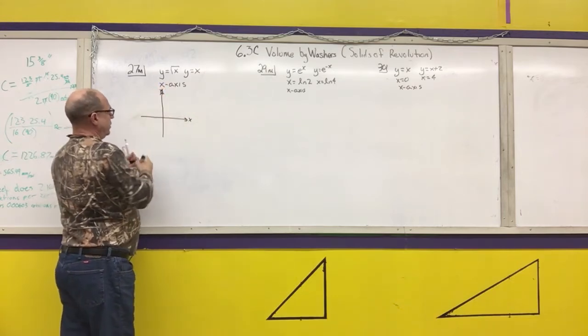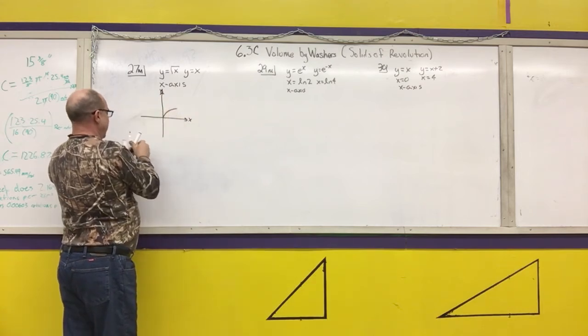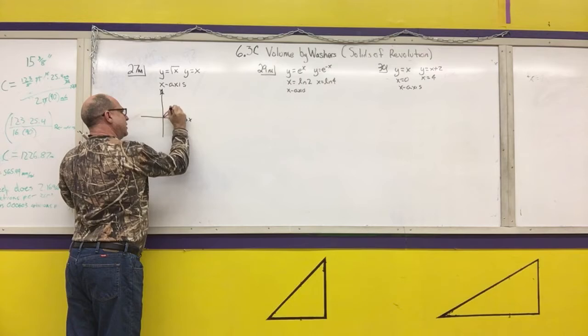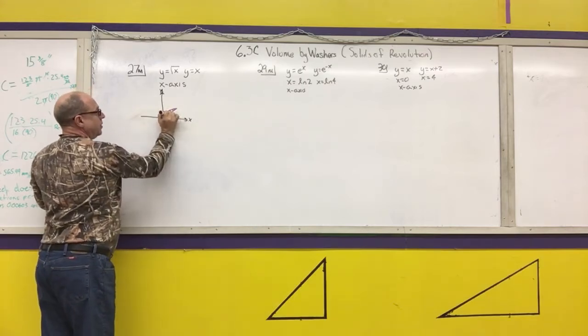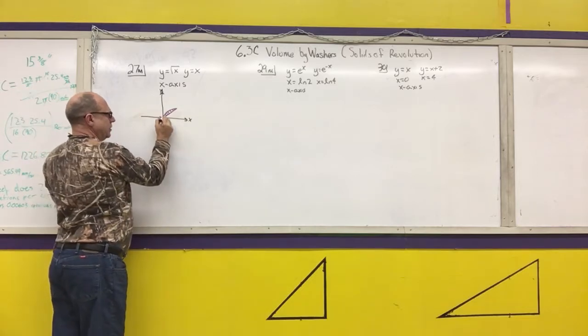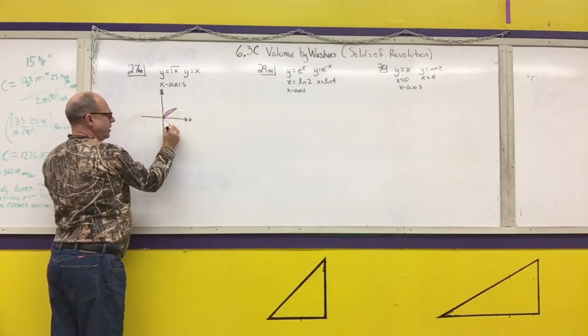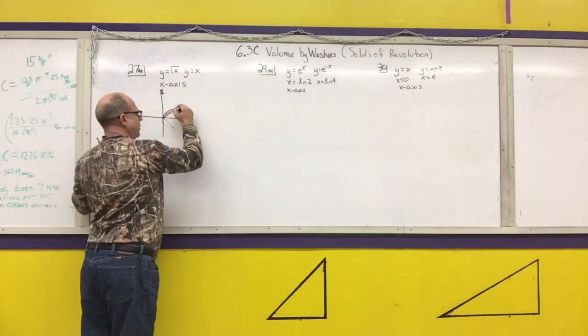Okay, so y equals the square root of x and y equals x is this region right here. I want to rotate it around the x-axis. If I rotate it around the x-axis, I get a funny-looking Pac-Man.